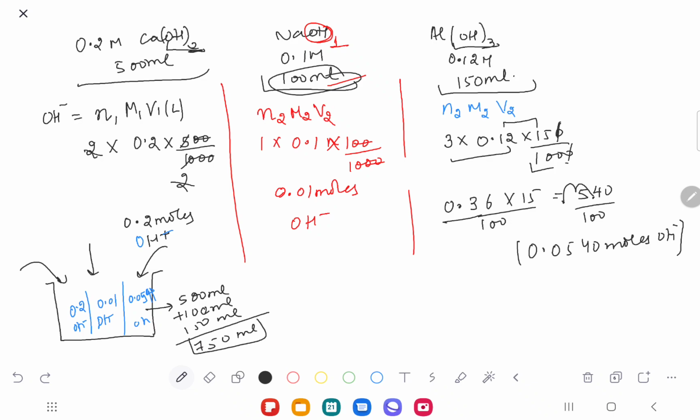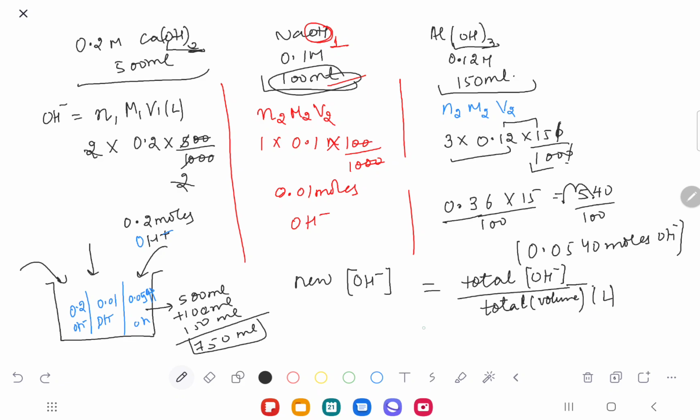So then what is the new OH ion concentration? Always understand, you make a solution, you calculate a new concentration. Always. So new OH would be total OH negative over total volume, in liters. So total OH is 0.2, then this much, and then this much.